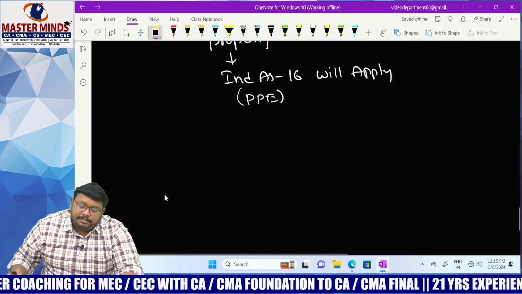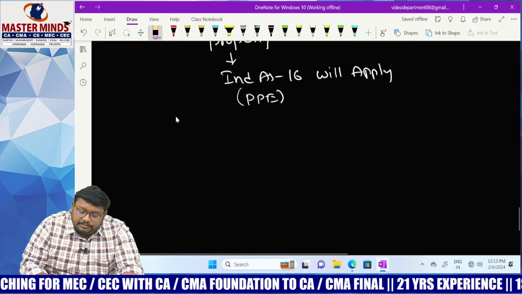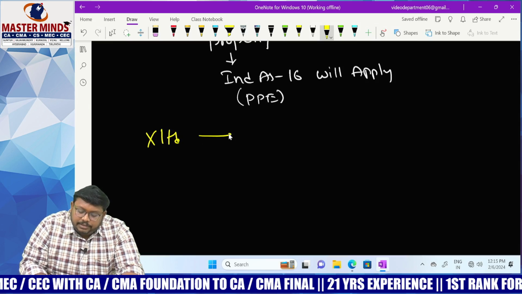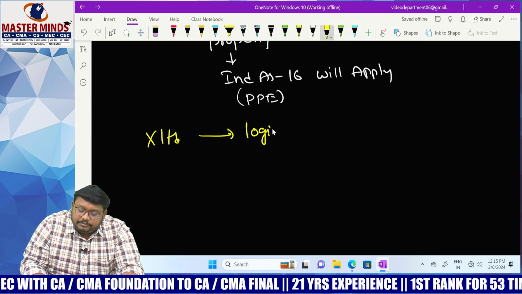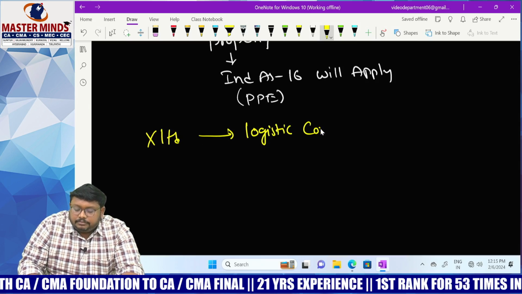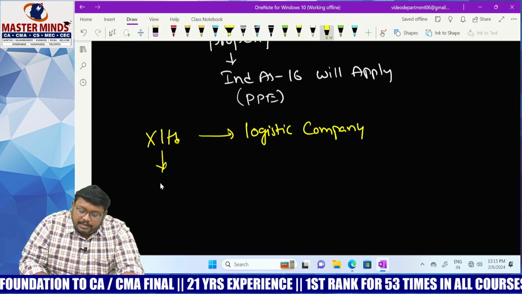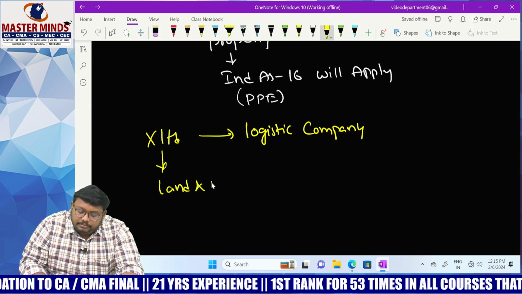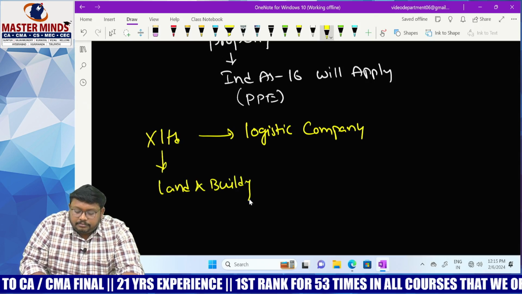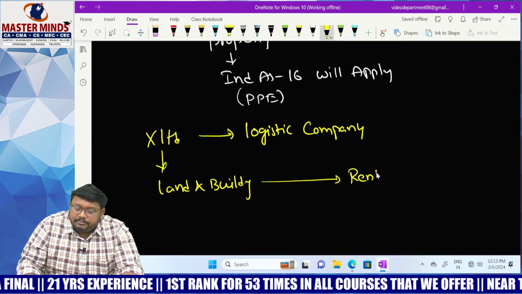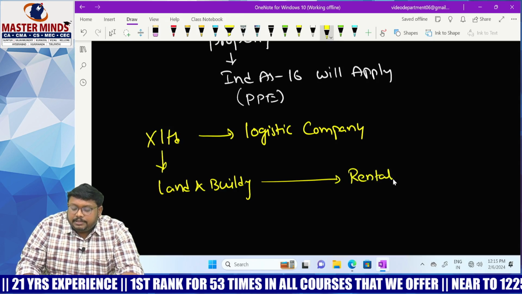Next, same X Limited, which is a logistic company, purchased land and building, and they are giving this land and building for rent, for rental purpose.